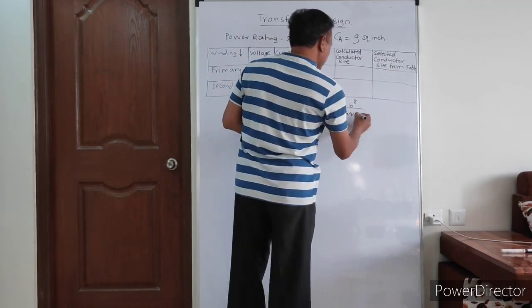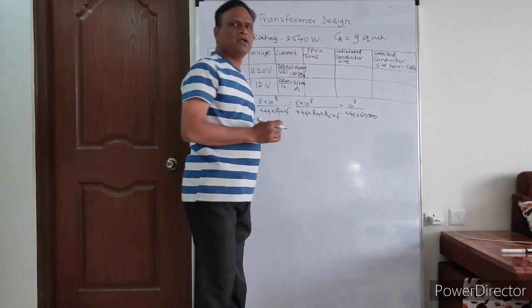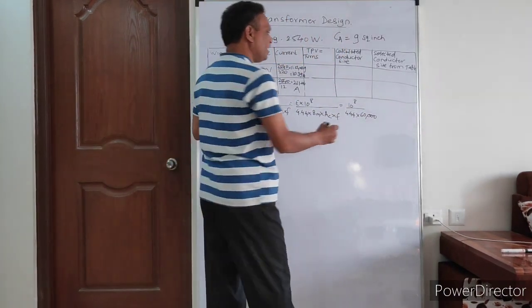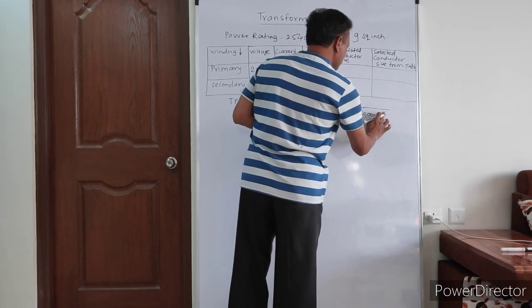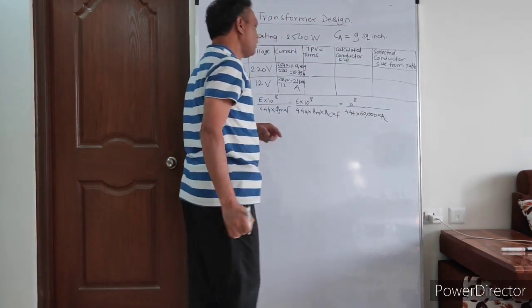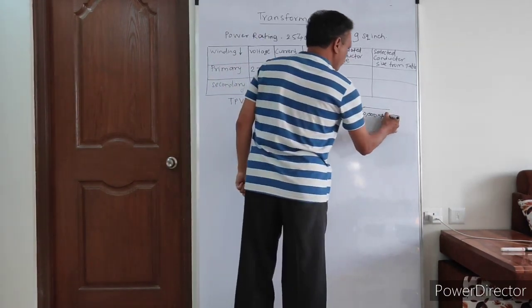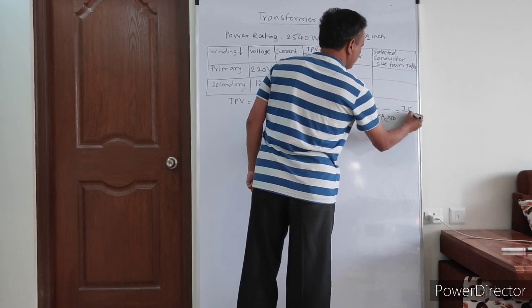So I have to take the value as 60,000 lines of force per square inch into area of core. I'll write here area of the core, and this is frequency, whose value is 50. So if I make the calculations, I will get the term that is equal to 7.5 upon area of the core.